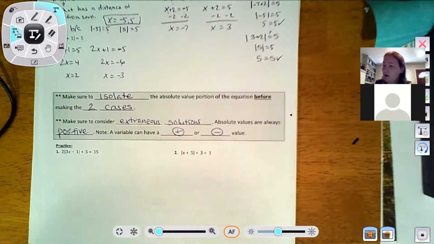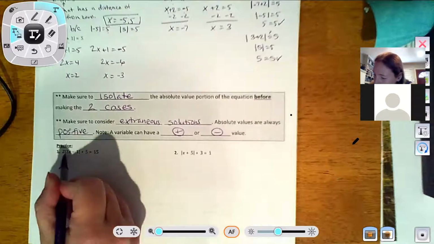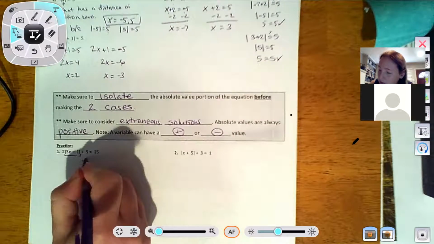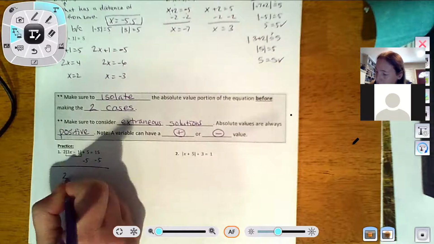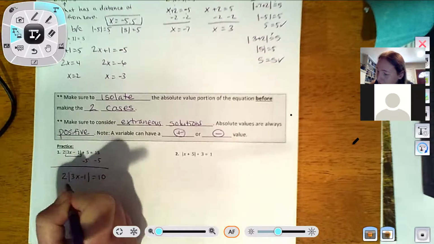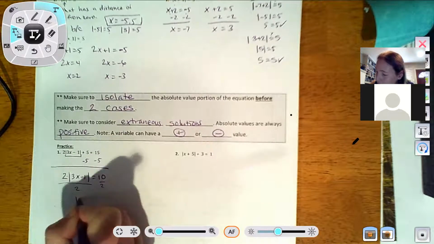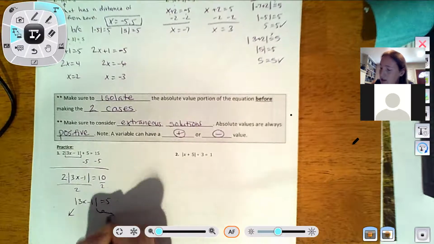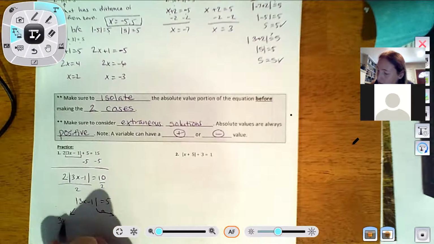So first off, we want to isolate this absolute value part. And so we're going to undo addition or subtraction first. Then undo this multiplication by dividing. Now that it's isolated, we make our 2 cases. Case 1, just drop the bars.